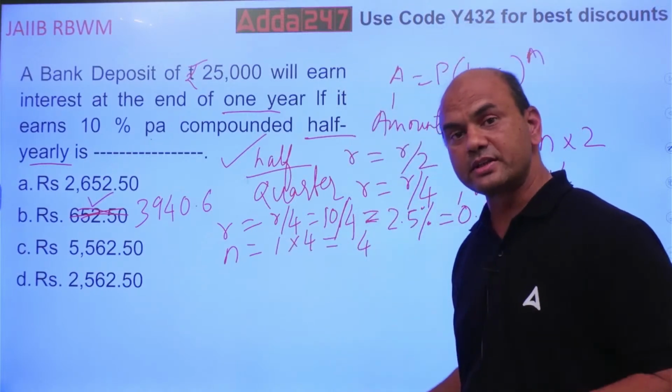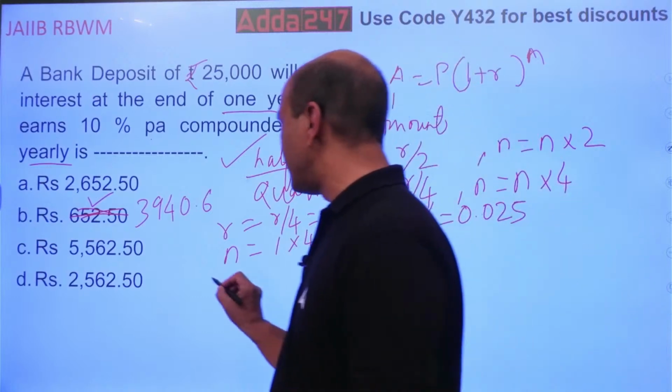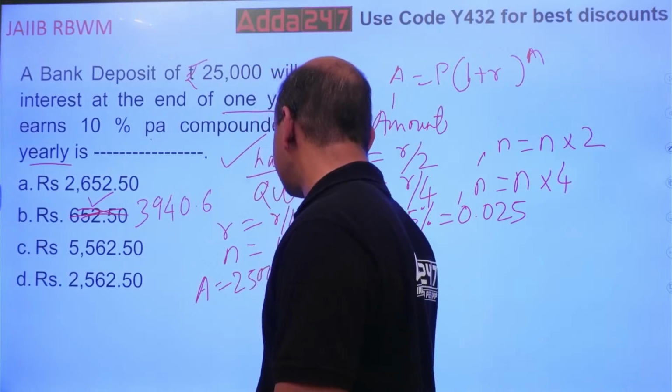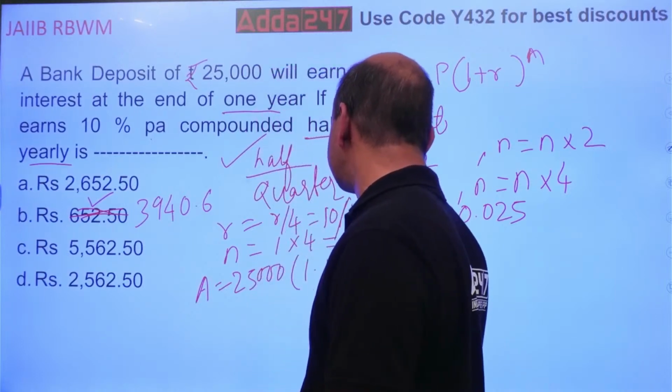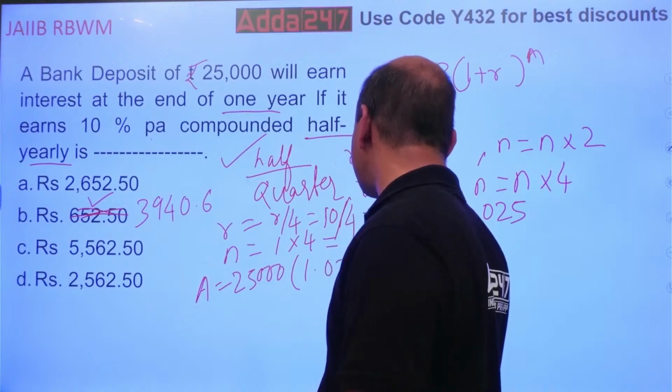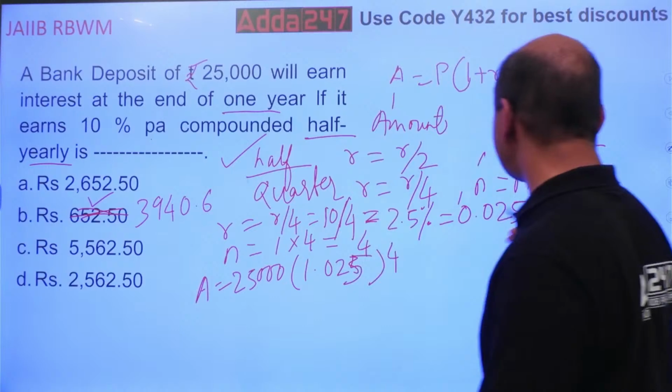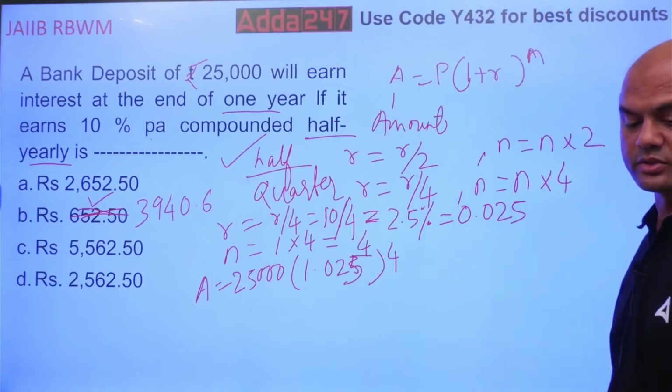So now what is the answer? Check out for A. A equals P into 1.025 raised to 4. I'll directly write it now. 1.025 raised to 4.